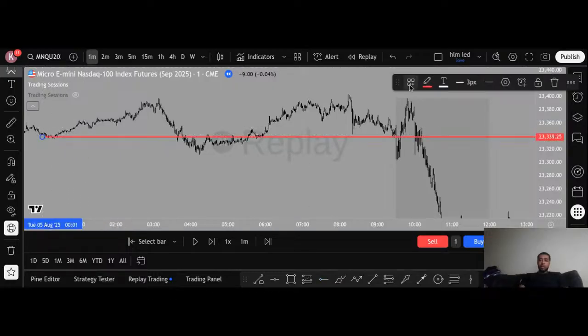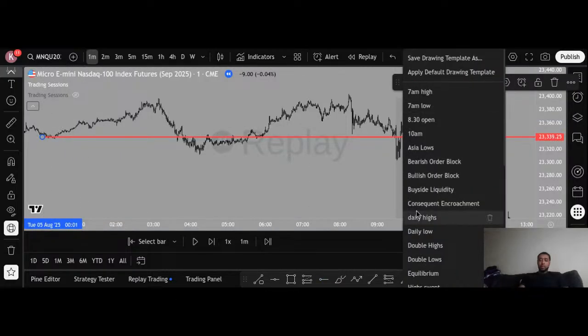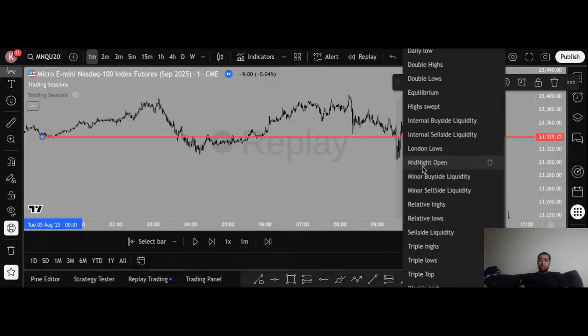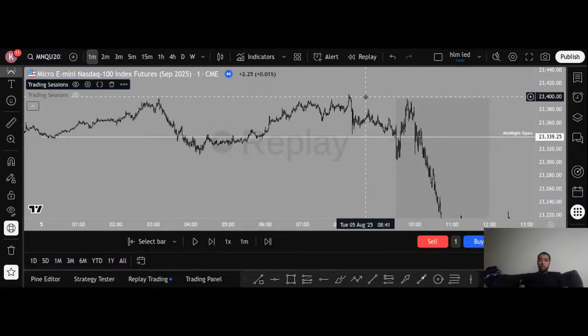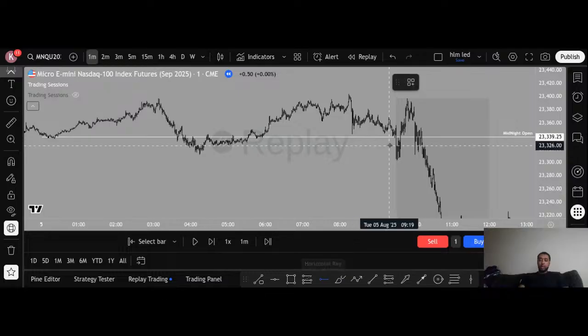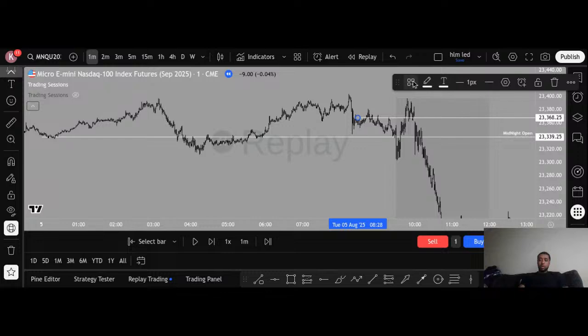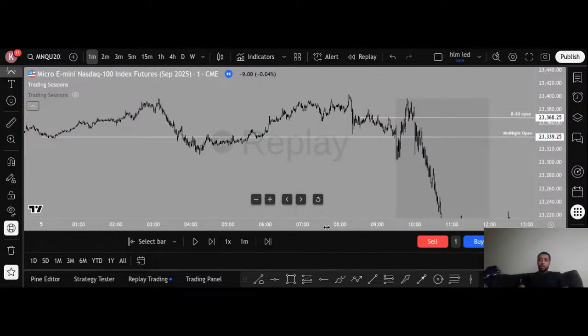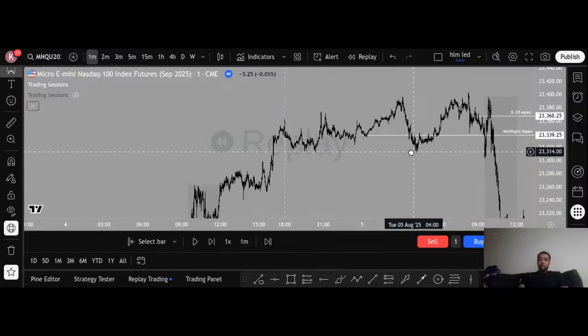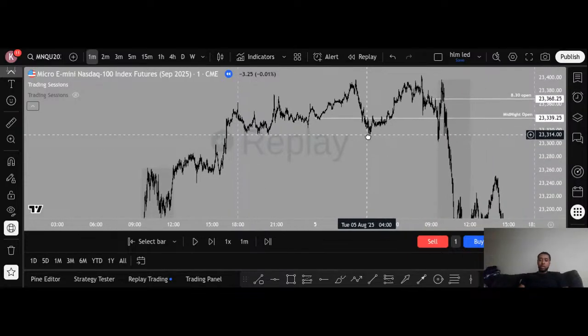Midnight around there. Look for 8:30 open. Look for the key liquidity zones to see where the market can target.